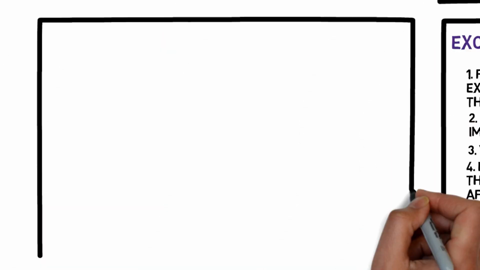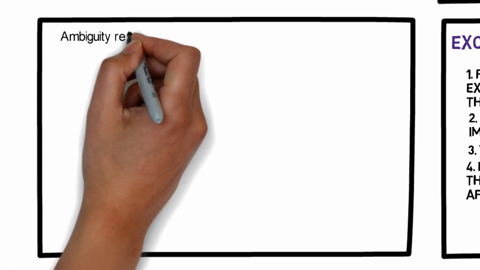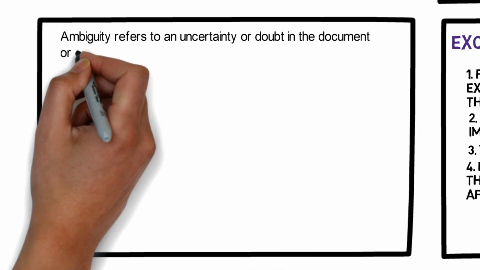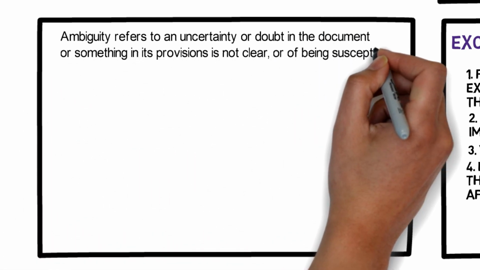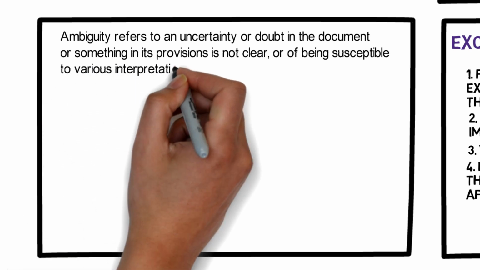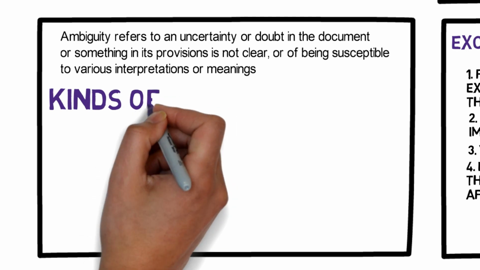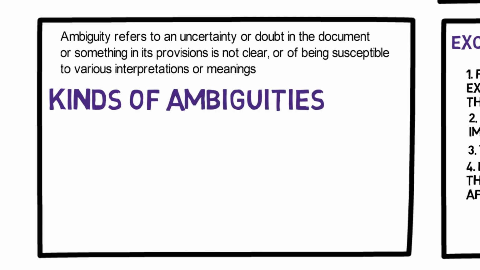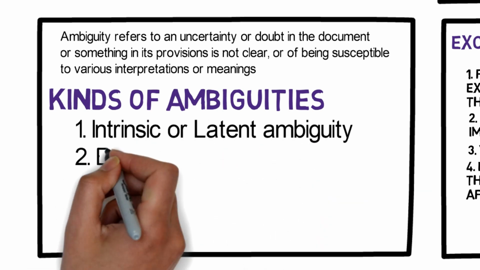Now we go to the ambiguity stated in number 2. Ambiguity refers to an uncertainty or doubt in the document or something in its provisions is not clear, or of being susceptible to various interpretations or meaning. There are 3 kinds of ambiguities. 1. Intrinsic or latent ambiguity. 2.